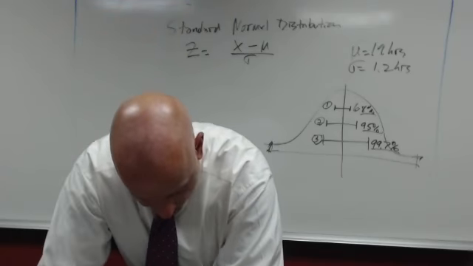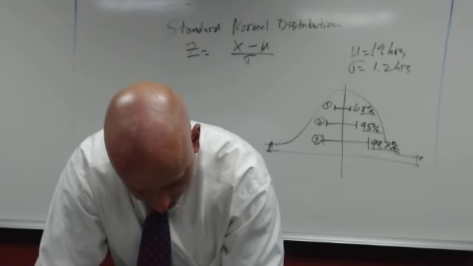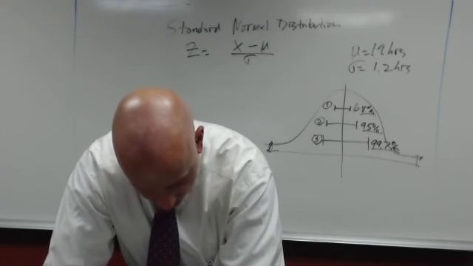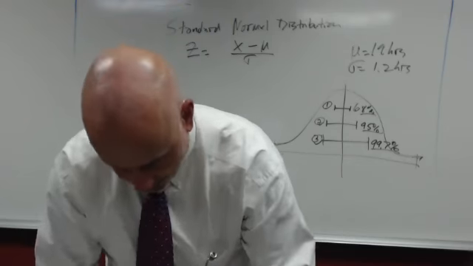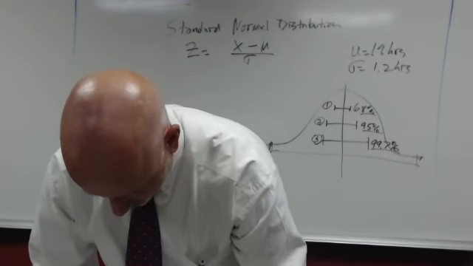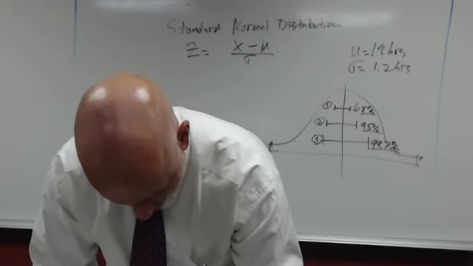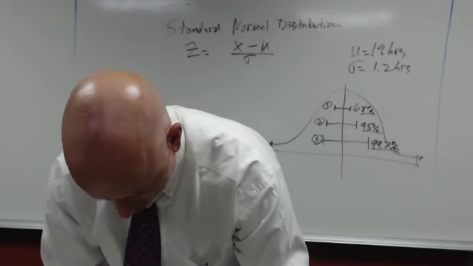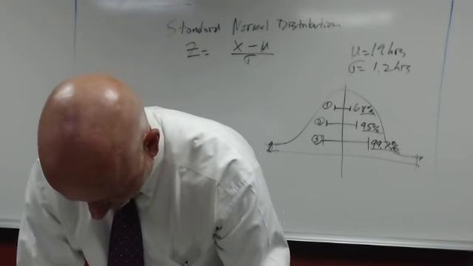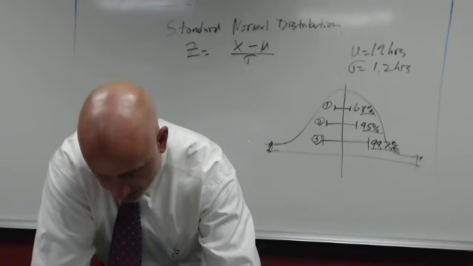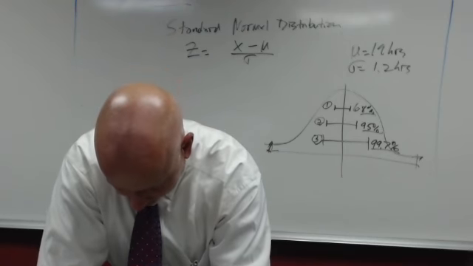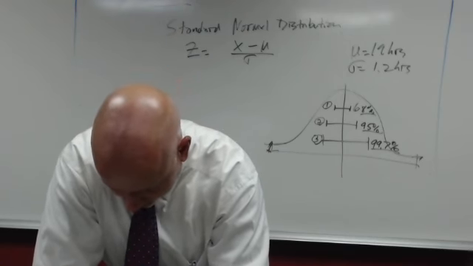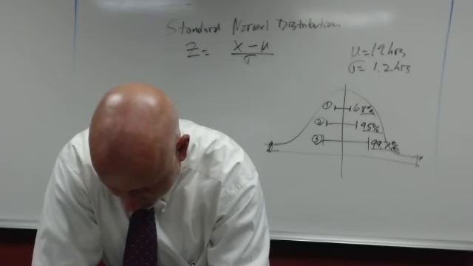And I want to show you how to read this chart. Look along the vertical axis, and you're going to see z-scores ranging from 0 to 3.